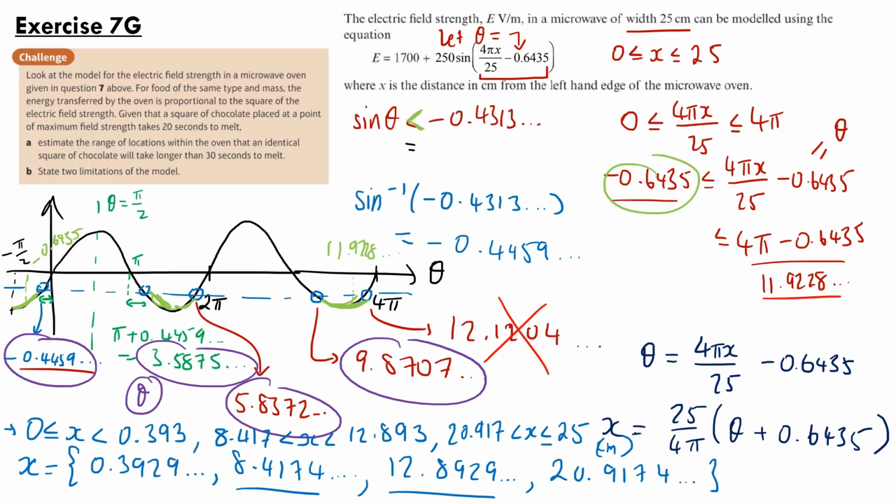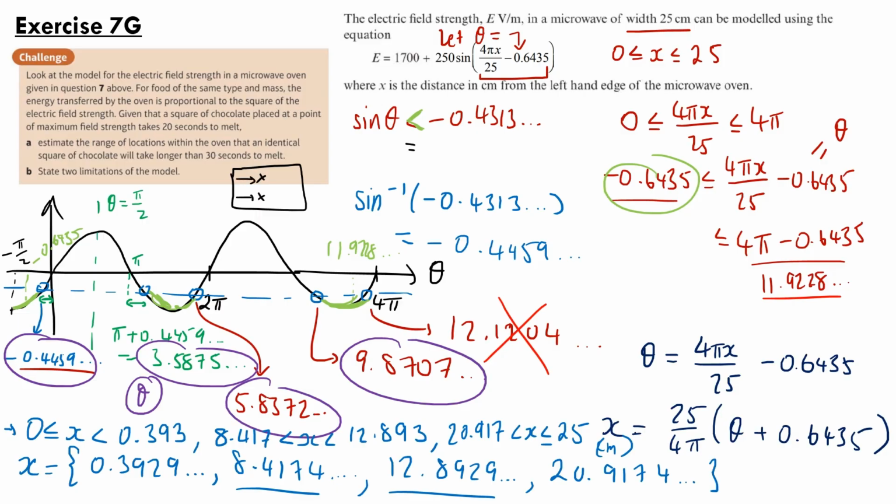Okay, and finally then, state 2 limitations of the model. Well, we can say that the model assumes that the electric field strength is the same no matter where we are in the microwave, as long as we're a distance away from the left edge. So for example, this point here and this point here are the same distance away from the left-hand edge of the microwave oven.